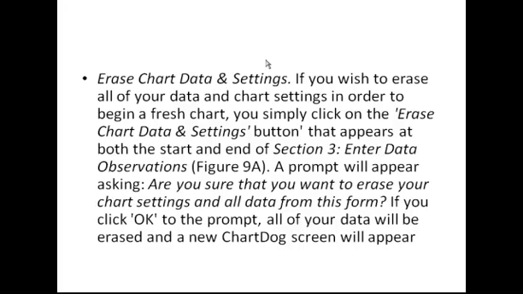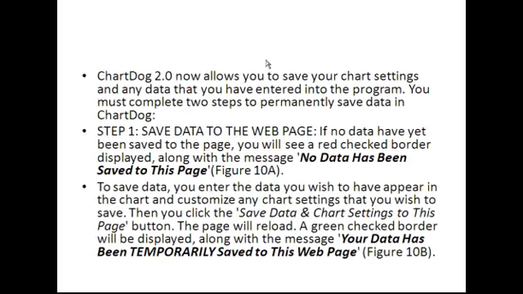You can erase the chart data and settings if you wish to, but then you just have to start over again. ChartDog also now allows you to save your chart settings and any data that you've entered into the program. You just have to complete the steps of permanently saving data in ChartDog. First of all, you have to save data to the web page.